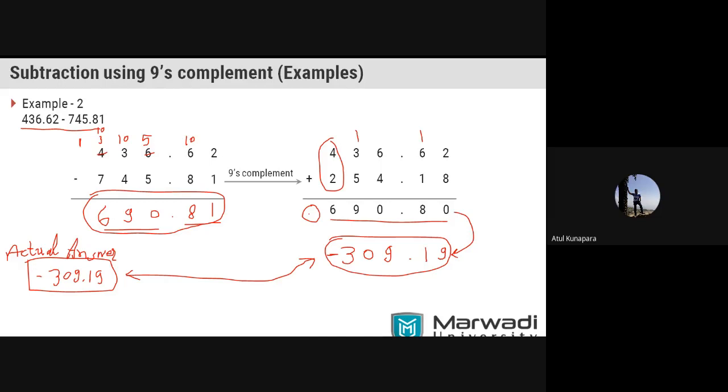But if you are subtracting a larger number from a smaller number, then there is no carry generated, and whatever summation you have obtained is not the correct answer. You have to convert it back to the nines complement, and whatever answer you get with that nines complement conversion, you need to put a negative sign ahead, and that is your actual answer.